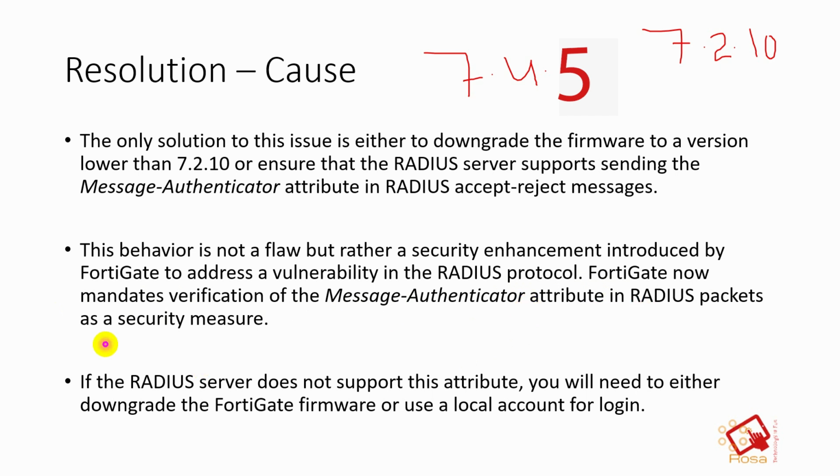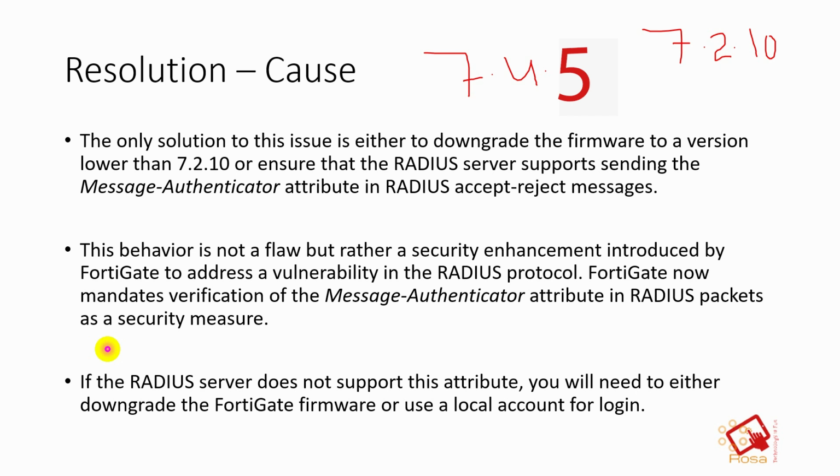But what I believe is, instead of making this a mandatory attribute, Fortinet should give this as an option to the customer to disable or enable, because that will help them with any backward compatibility issues with some third-party Radius servers.